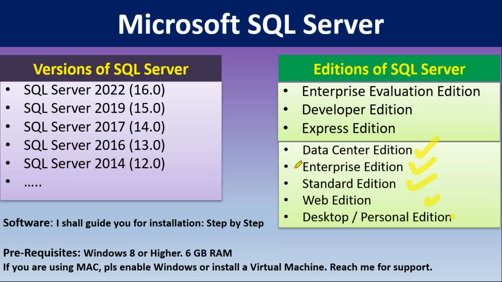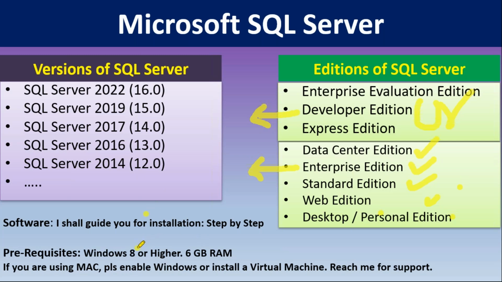Our course involves one licensed copy and one trial copy. This trial copy will be on your computer, and this one will be on our server, as part of our classes. I'll guide you through the installation step by step anyway.